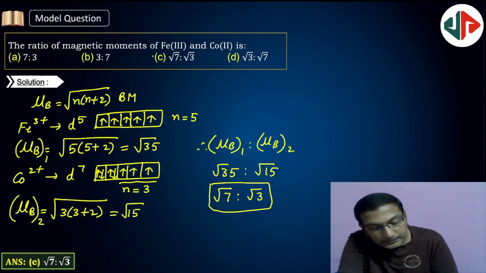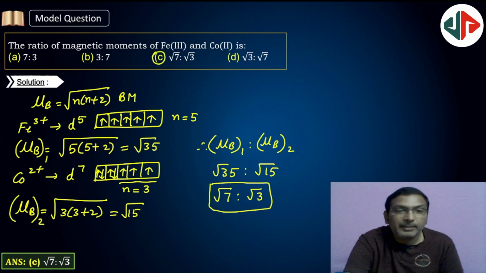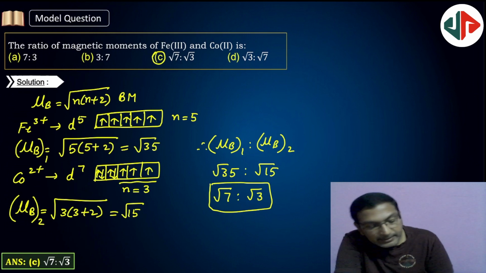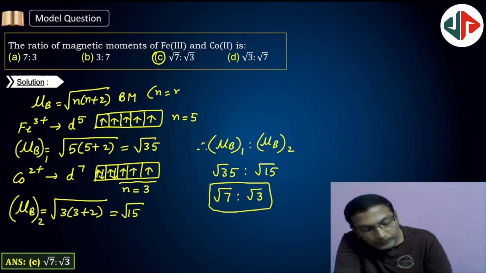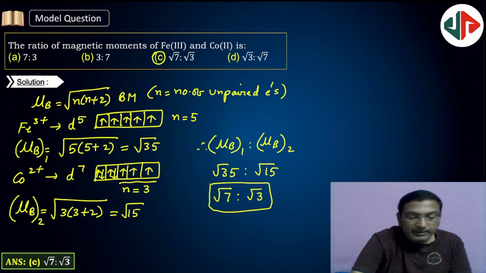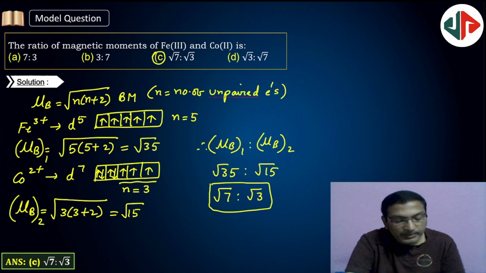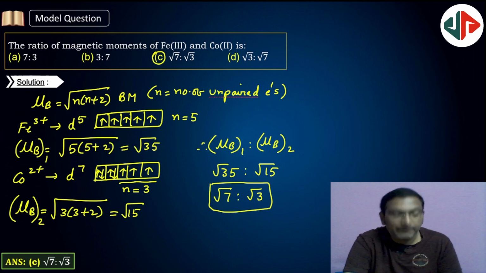Option C. Magnetic moment calculation. So here n is number of unpaired electrons. Fe3+ 5 unpaired electrons, Co2+ 3 unpaired electrons.